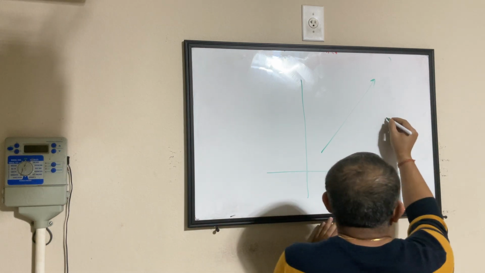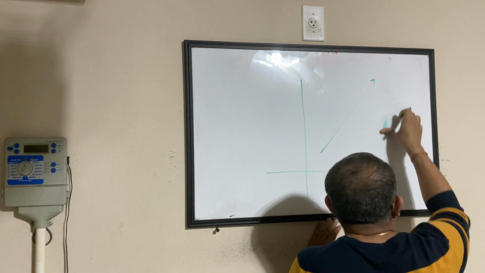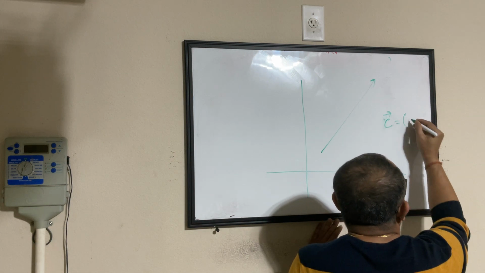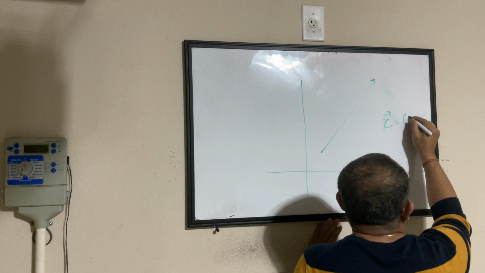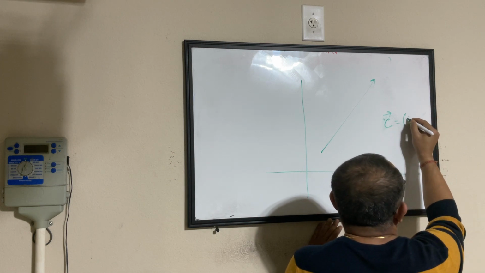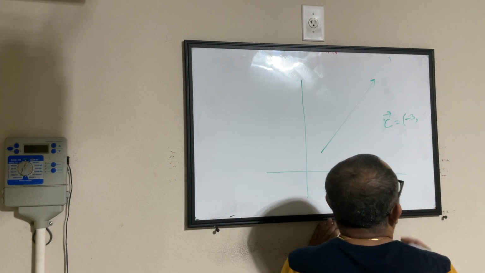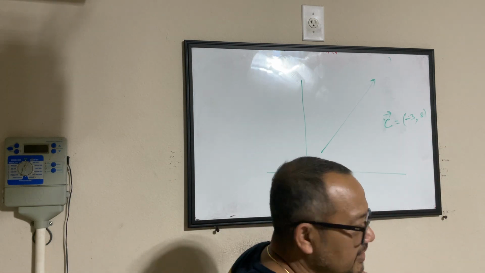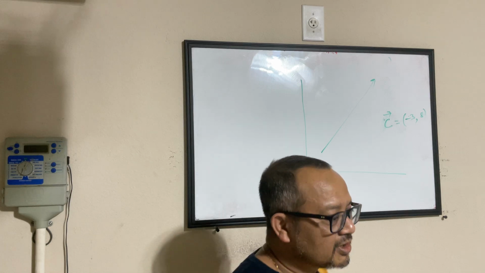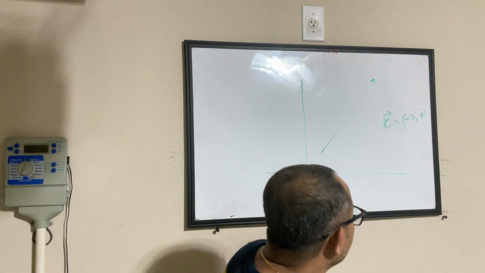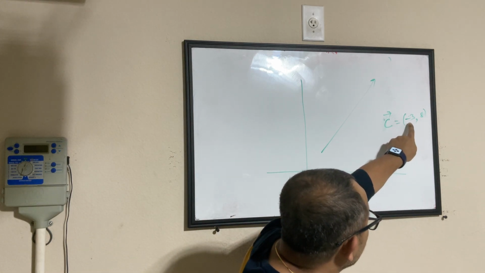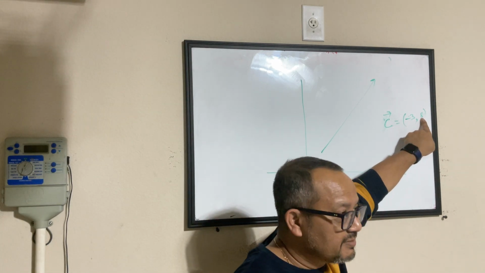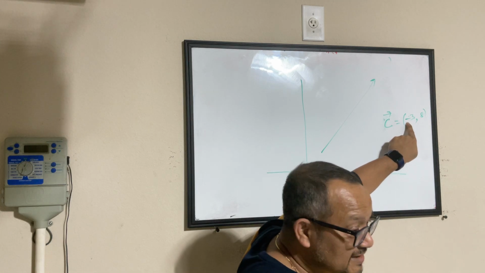They will say, okay, I have a vector, let's say vector C, with an x component of -3 and a y component of 8. And they say find the magnitude of this vector. So the first thing that you would figure out is that the x component is -3 and the y component is 8, meaning the x value is decreasing.